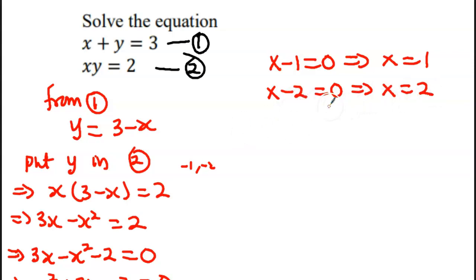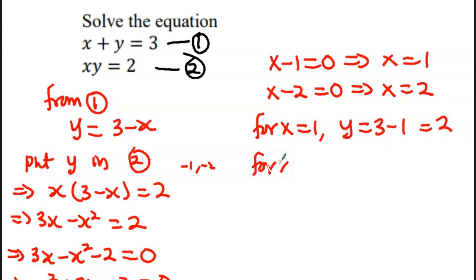So we now have 2 values of x. We have the corresponding 2 values of y. For x is equal to 1, y will be 3 minus 1, which is 2. And then for x is equal to 2, y will be 3 minus 2, which is 1.